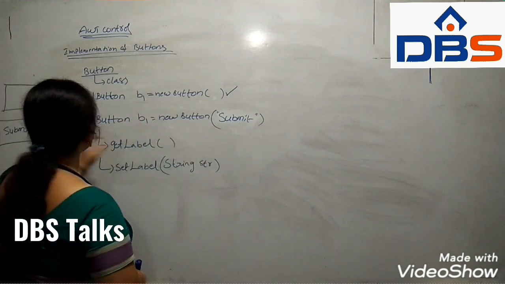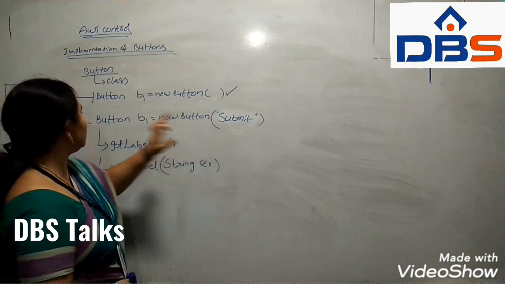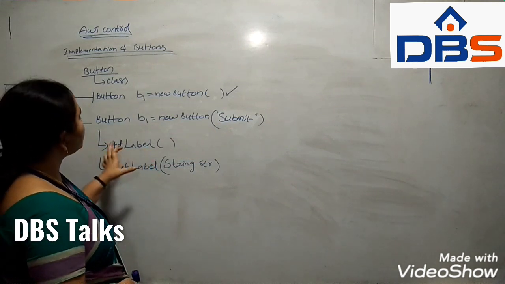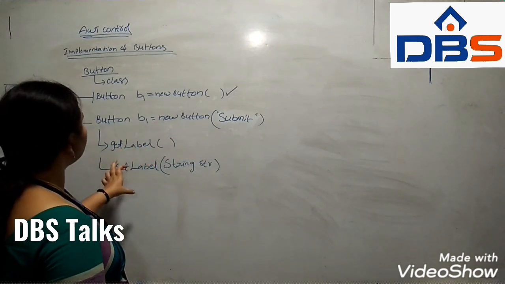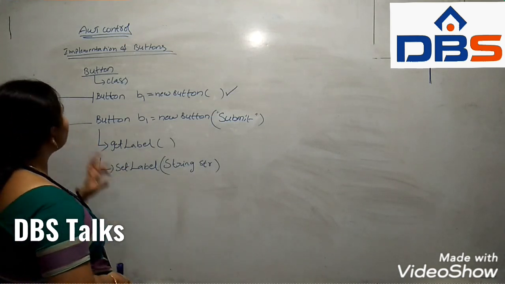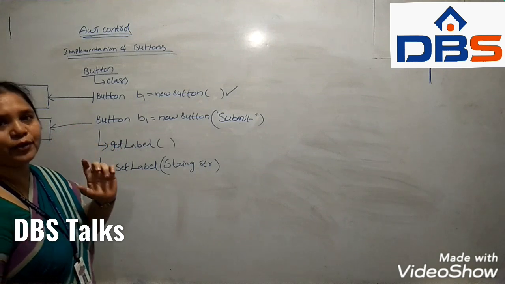To get the label or text on a particular button, we use the getLabel method. These are the methods generally used to get and set labels. So this is the basic introduction regarding buttons.